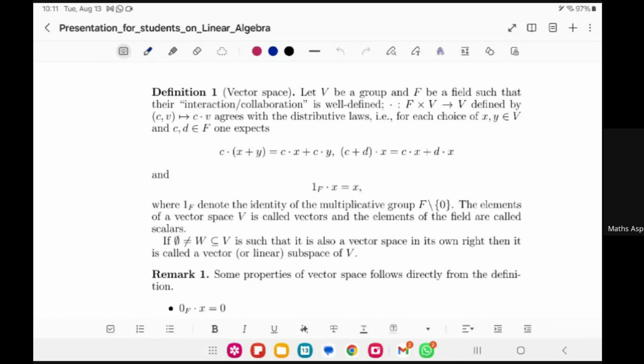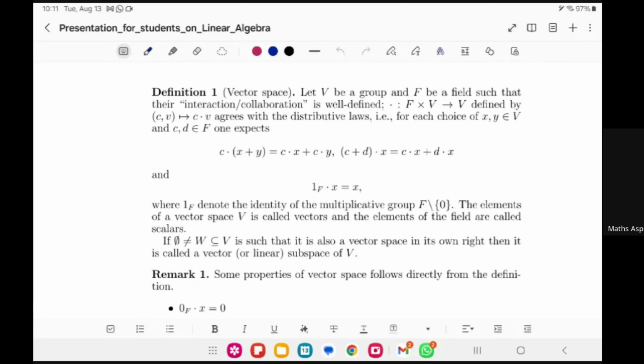Okay, so a vector space is basically you have a group V. I'm using the letter V because of the name vector. And you will also have a field F. Basically all the operations that a field does, F will have, and all the operations that V does, V will have.